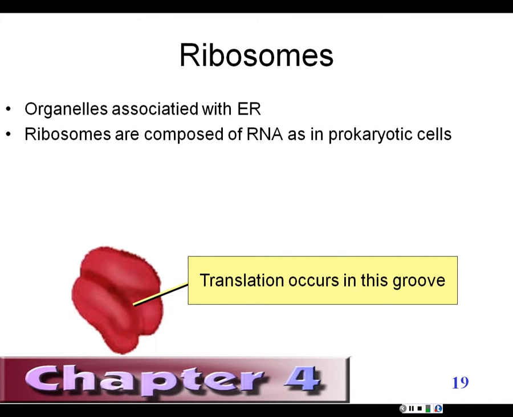So here's my ribosome. Let me take a part of that out. So here's my ribosome. Here's the other part of my ribosome. And then also floating out here we have some tRNAs.